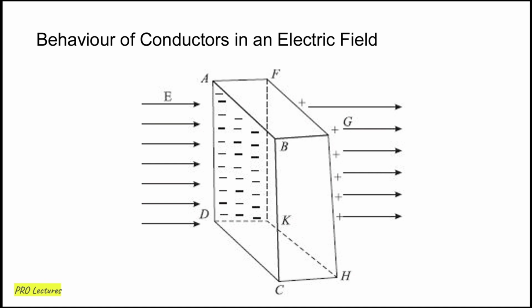These charges create their own field which is in a direction opposite to E. The transfer of electrons from the surface FGHK to ABCD continues till E becomes equal to the new electric field E1. Such a state of electrostatic equilibrium is reached usually in 10 to the power minus 16 seconds. We can say that equilibrium is reached almost instantaneously.